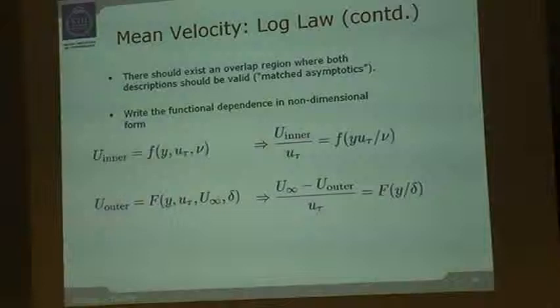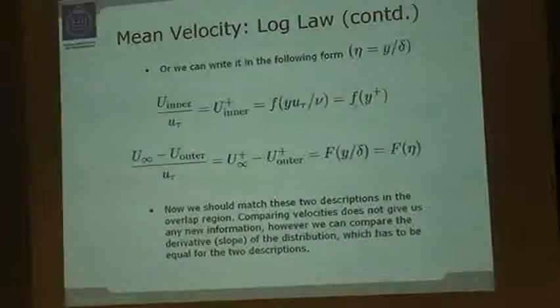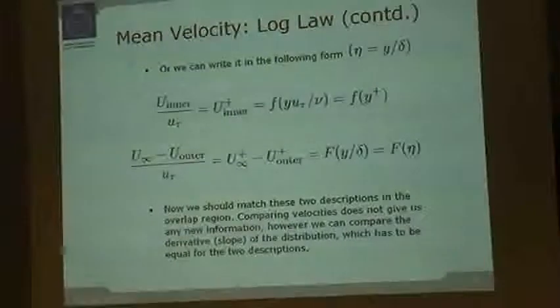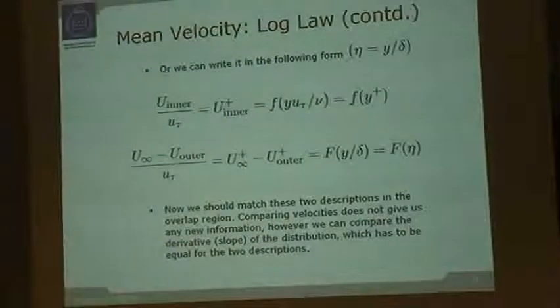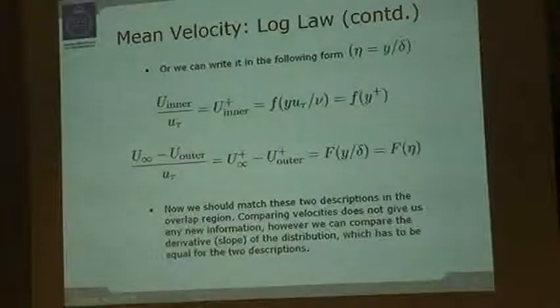Here we write it as a deficit law of u infinity minus u. This is then a function of the wall distance normalized with boundary layer thickness. Essentially, this is the same as before, so we write u plus inner is f of y plus, and u plus infinity minus u plus outer is a function of the wall distance normalized with boundary layer thickness.